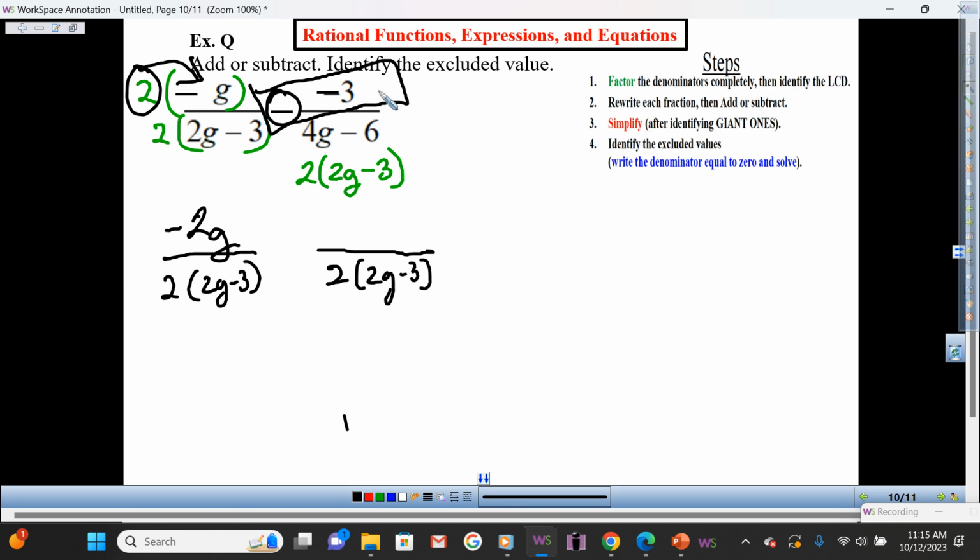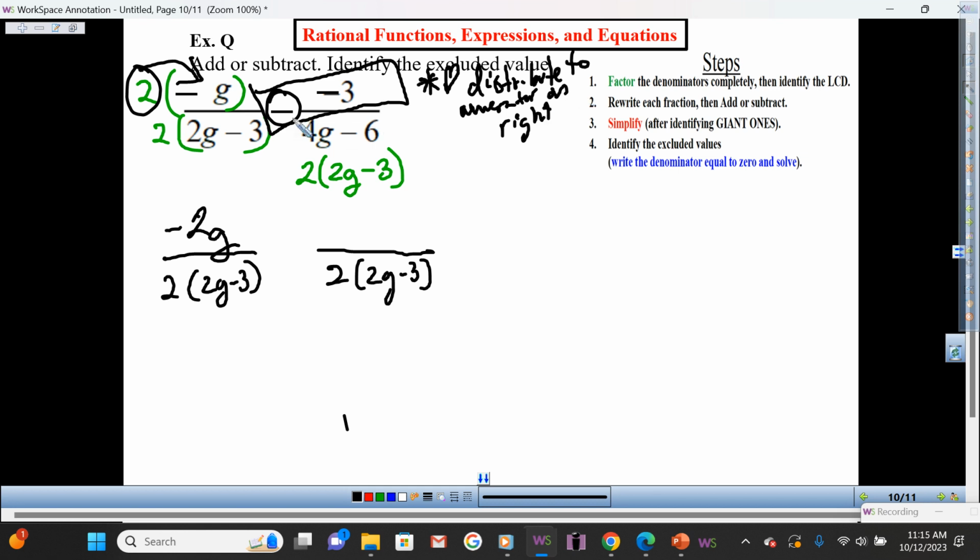So if this had more terms, we distribute the negative to all the terms. That make sense? Make a note right here, asterisk, heart, then just write distribute to numerator on right.